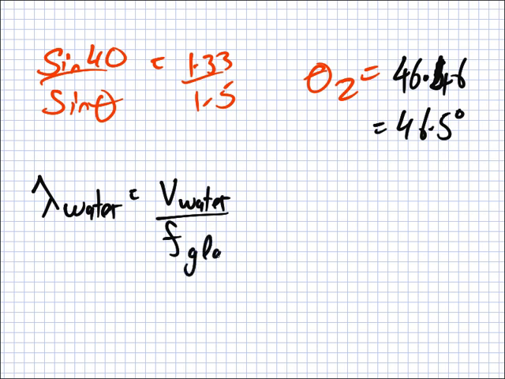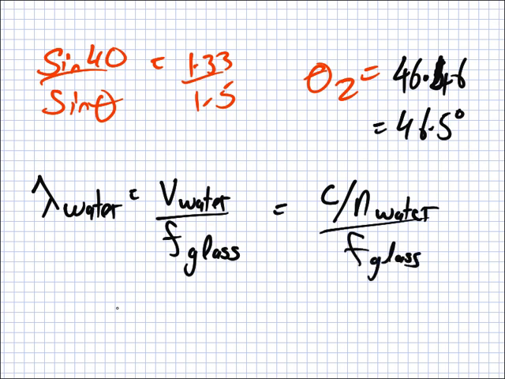I could use glass, couldn't I? Do we know the V in the water? No. Okay, so that's the one where it'll be C over N in the water over F in the glass. So that will be C over NF. 3 times 10 to the 8. What's N for water? 1.33.